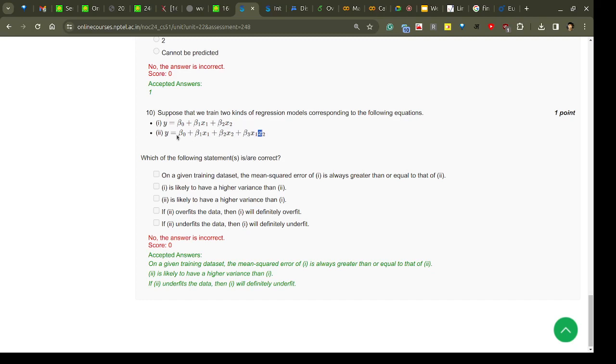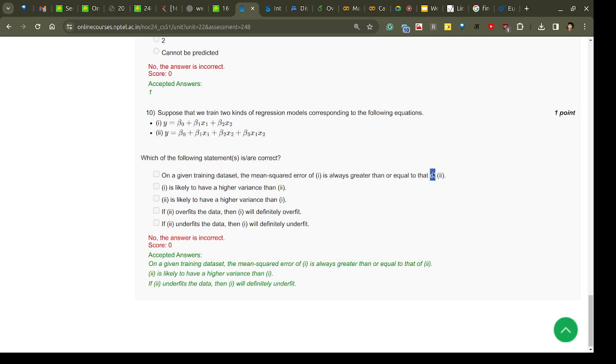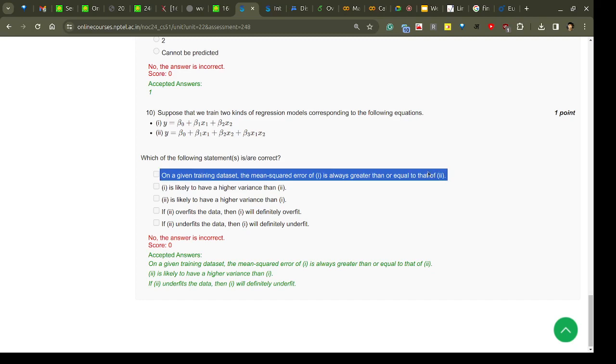So equation 3 is more complex than equation 1. Depending upon that, what will be the options on a given training data set: the mean square error of 1 is always greater than or equal to that of 2. Yeah, because this one has more parameters, right?